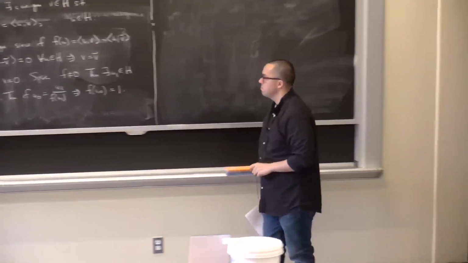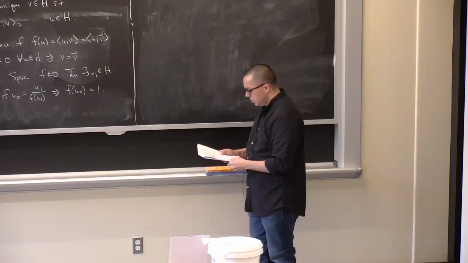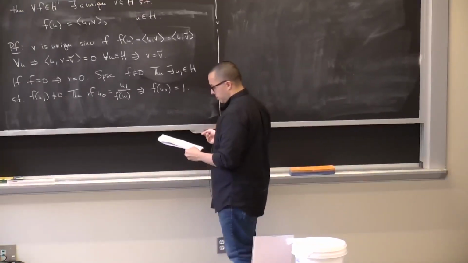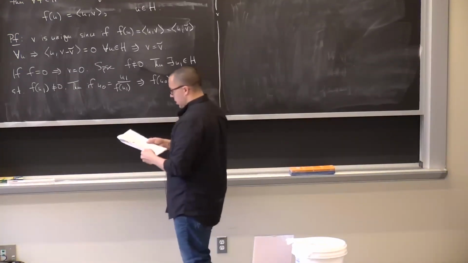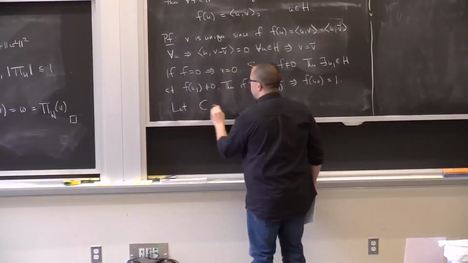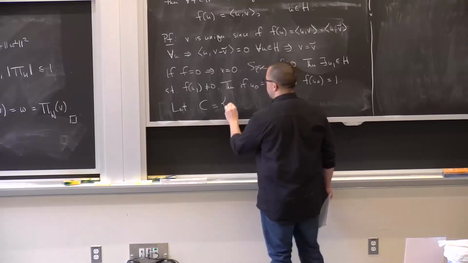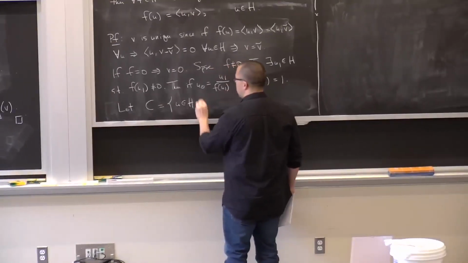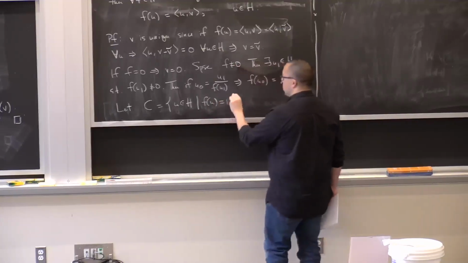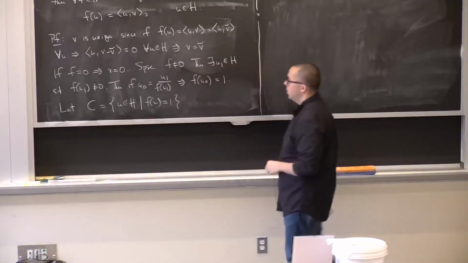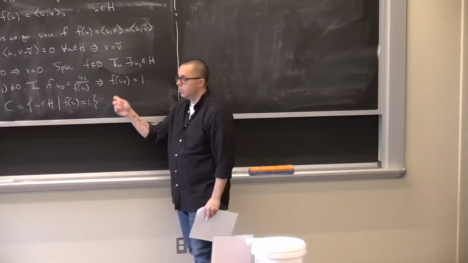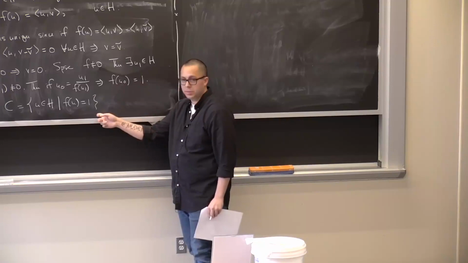Okay, so now let C be the set of all elements u in H which give me 1 when I stick it into f. Now, this set is non-empty because I just gave you an element that, when I stick it into f, gives me 1. Okay, so this is non-empty.